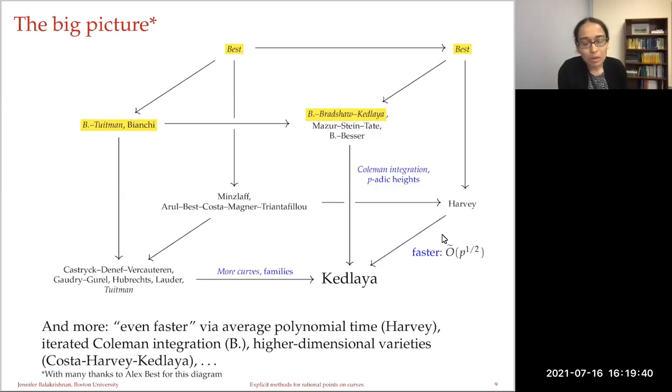And one can also compute zeta functions of higher dimensional varieties, thanks to the work of Costa, Harvey, and Kedlaya. So hopefully all of these things can be combined in this ecosystem and give us more algorithms and more tools for computing with rational points. And I should also thank Alex Best for helping me with this diagram and producing a very nice version of this to collect all of these ideas in one place.